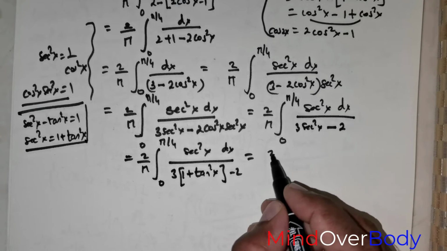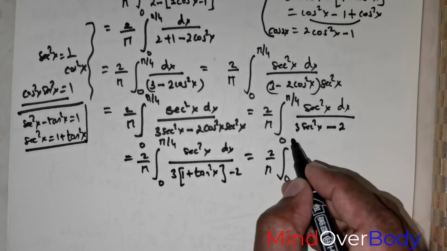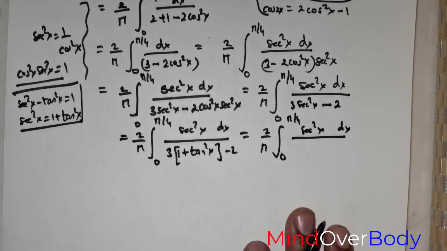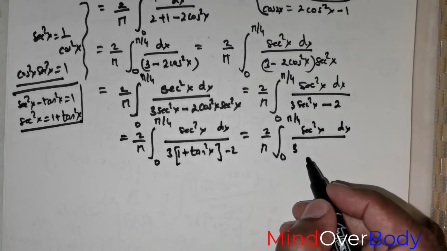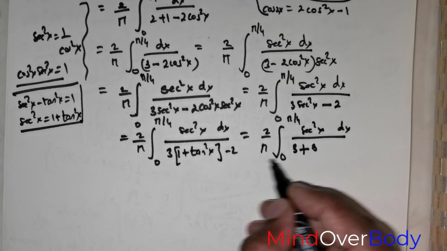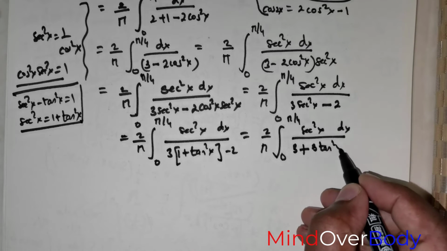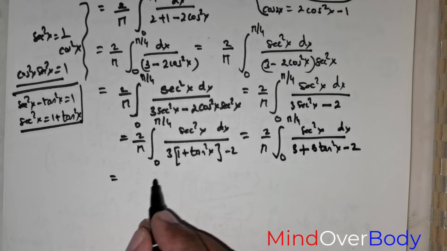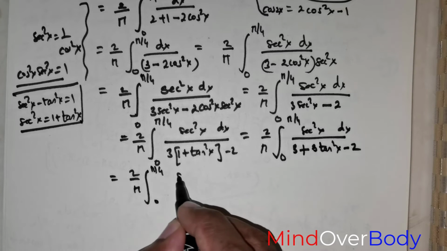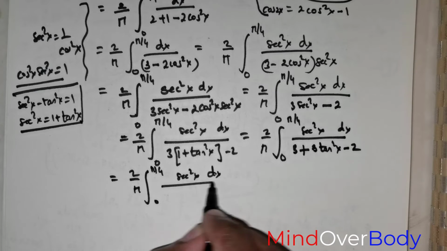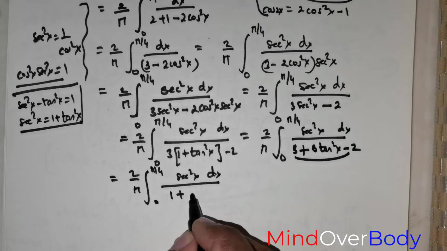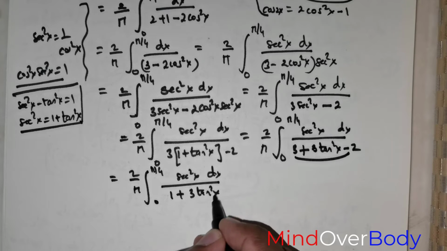This can be further rewritten as secant squared x dx divided by 3 plus 3 times tan squared x minus 2, which is equal to 2 over pi, the integral from 0 to pi over 4 of secant squared x dx divided by 3 added with negative 2, which gives me 1 plus 3 times tan squared x.